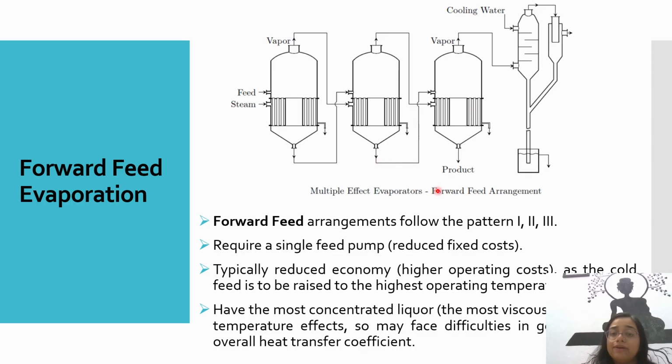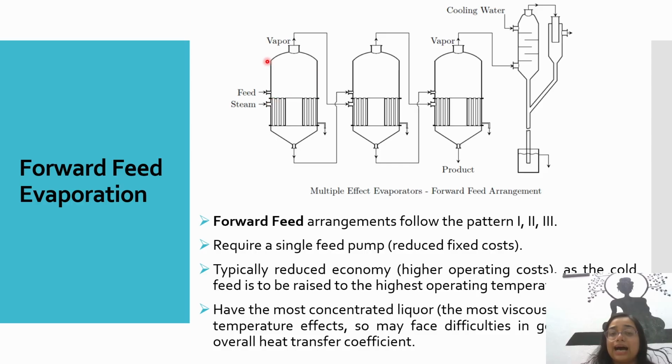So whenever it reaches effect 3, pumping will be very difficult, because with the evaporation our feed is gradually becoming viscous, and also we know that as the temperature is reduced, viscosity is further increased.